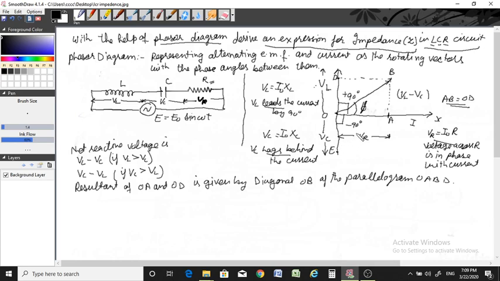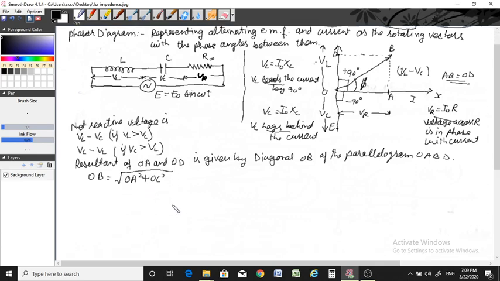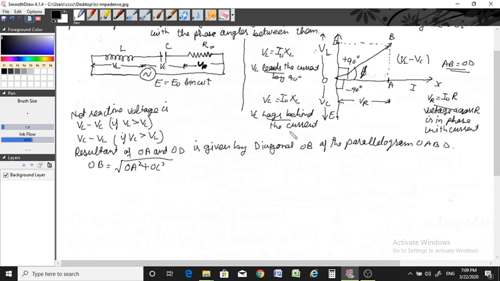Now, from this figure, OB will be equal to, according to Pythagoras law, under root OA square plus OD square. The value of OB is E naught.